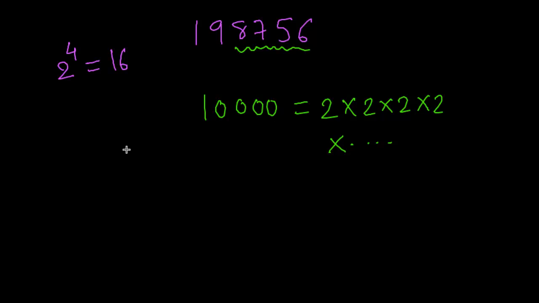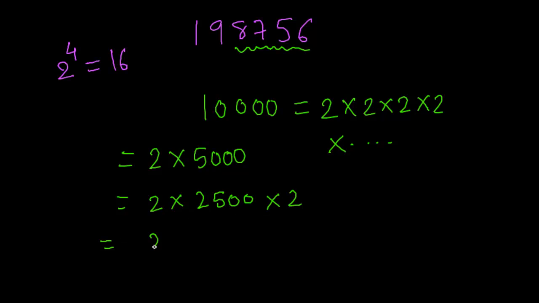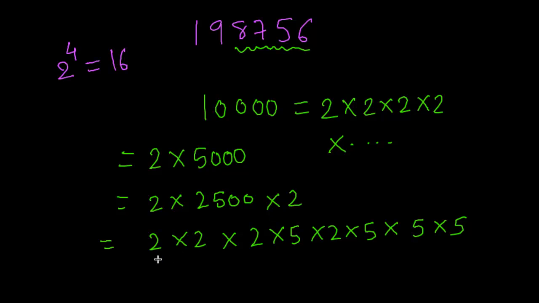If you want to know the exact prime factorization, we can do it like this: 2 into 5000, 2 into 2500, and so on, so it will have one 2, second 2, third 2 and fourth 2, and these 4 will form 16. So all 10,000s will always have 16 in them, and obviously the values higher than 10,000s, like lakhs and millions and billions, will always have 16 as a factor.